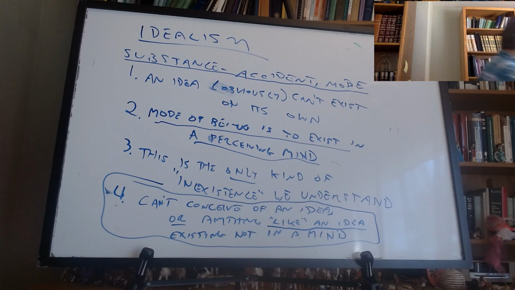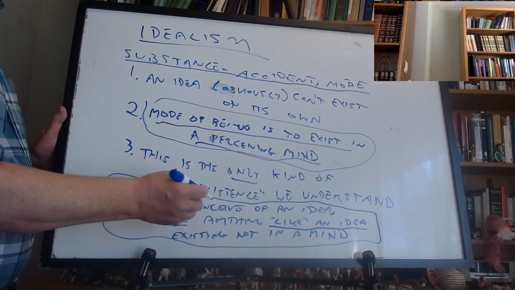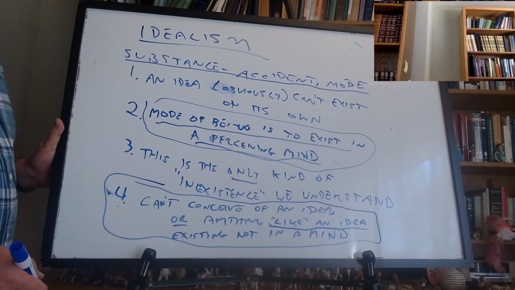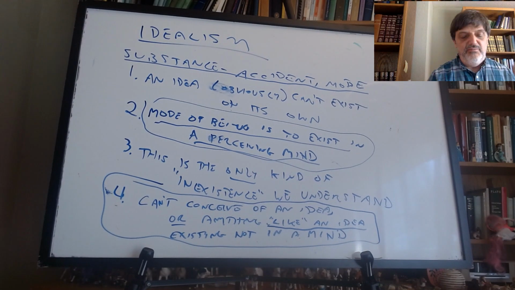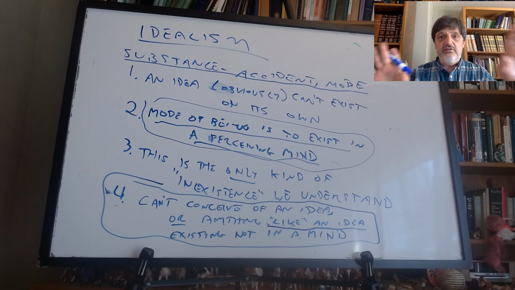And again, if you go back to this point here, you can kind of understand where this "nothing like an idea can exist outside the mind" comes from. For it to be like an idea but exist outside the mind, it would have to have something in common with my idea, but not its mode of being. So we would have to be able to take the two apart: the qualitative or structural or some other feature of the idea, apart from its mode of being.